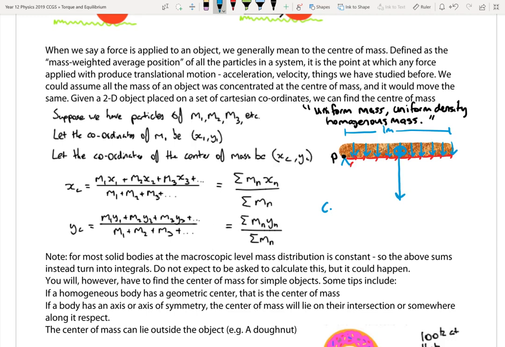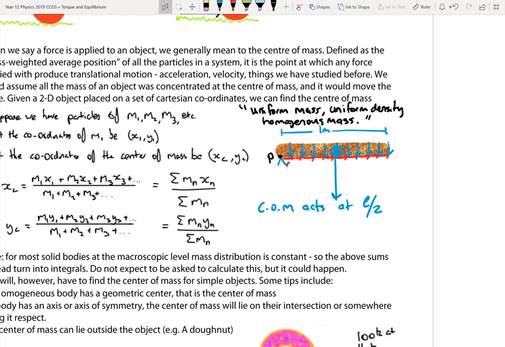Okay? So center of mass acts at halfway along its length. If you are given the term uniform mass, uniform density, or homogeneous mass, it will be appearing all over the place as we go through this course. Okay? So it's going to be half of the length.